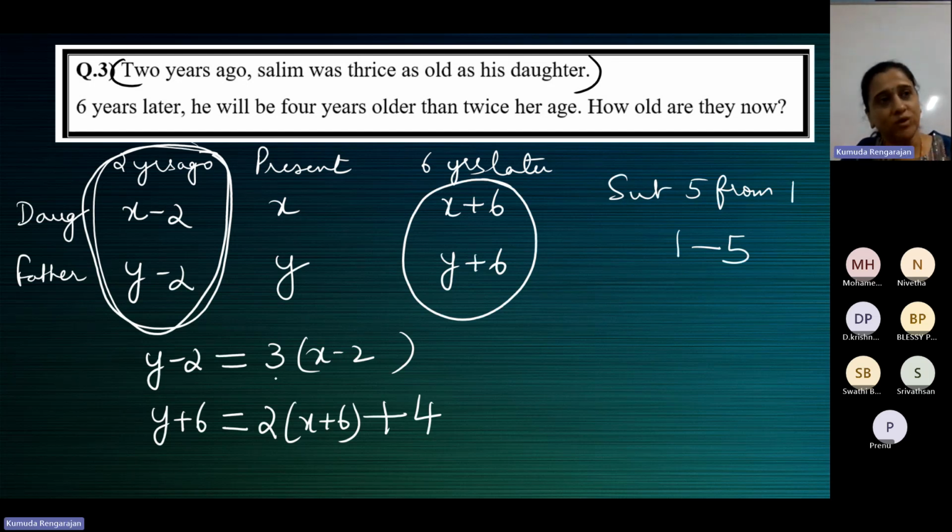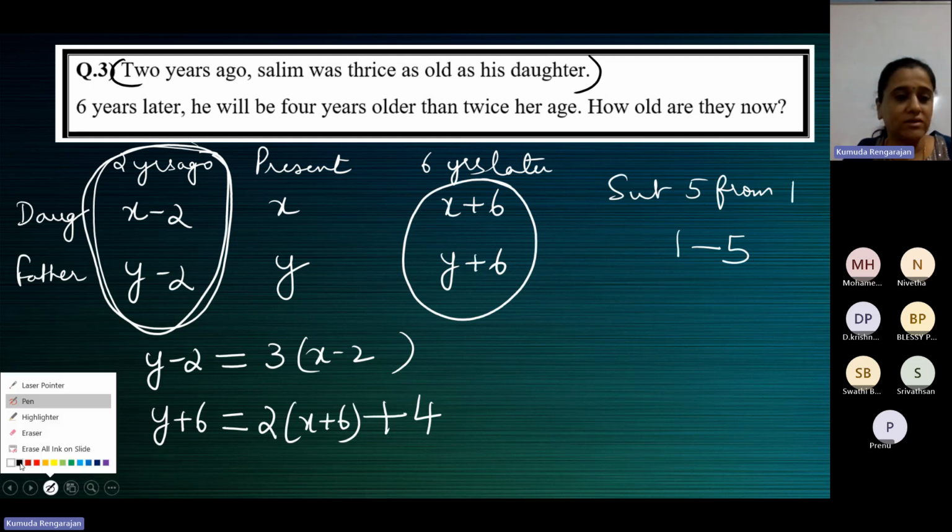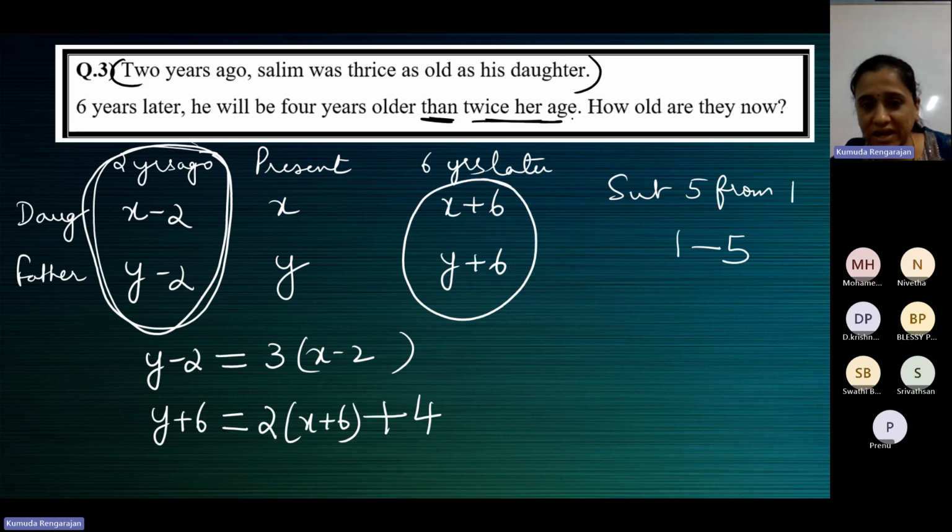In the same way, whatever follows more than, less than, older than, younger than, write that one first. So what comes after than? Twice her age, write that first. 2 times x plus 6. Then you put this 4 years older than, so plus 4. If it was 4 years younger than, then minus 4. Whatever comes after than, write that first, and then you add or subtract whatever is given.